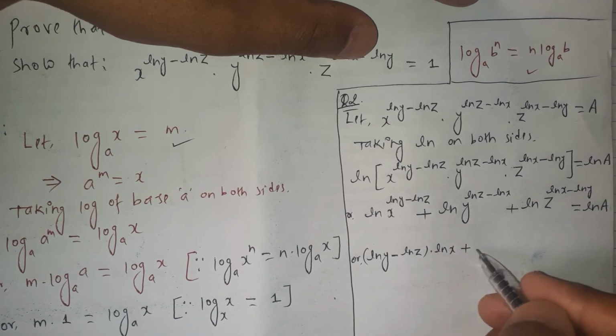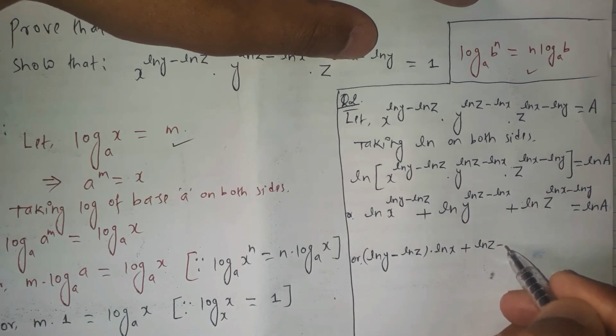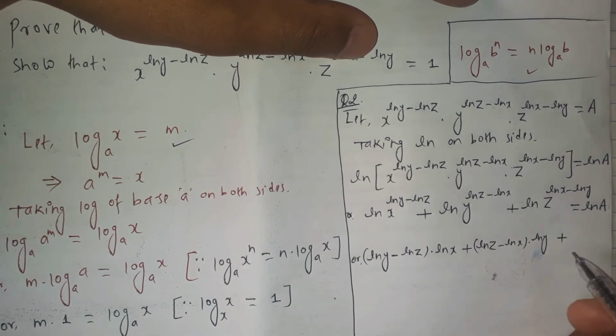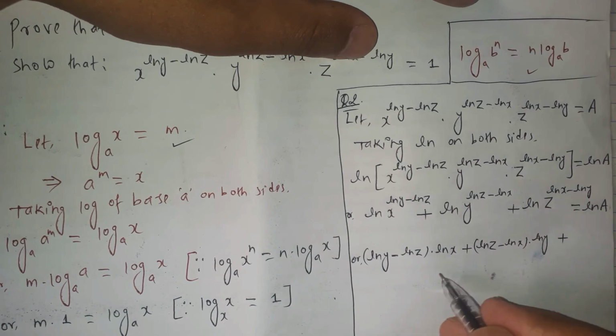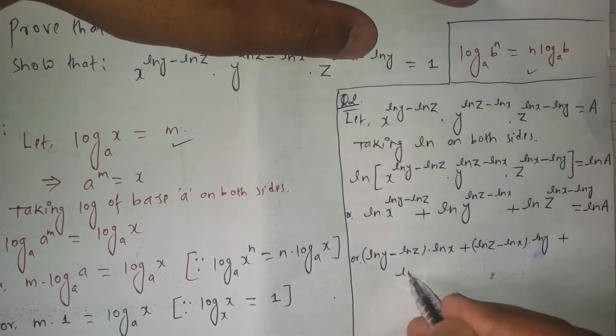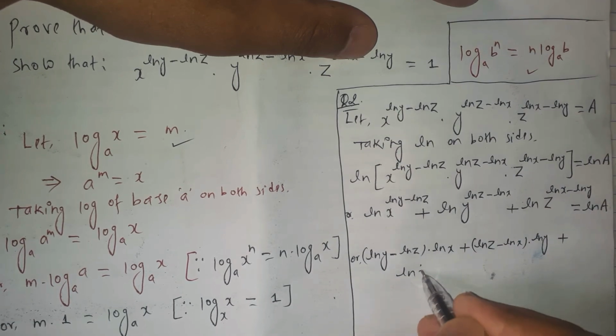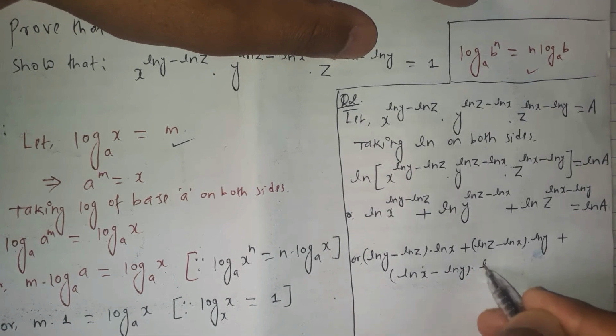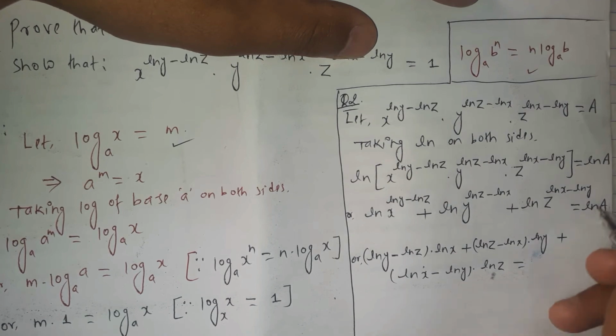Similarly, we can use the same concept here: (ln z minus ln x) times ln y, plus, only the power comes in front, (ln x minus ln y) times ln z, and the right-hand side is just ln a.